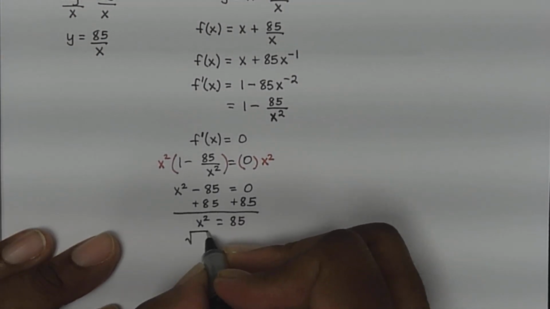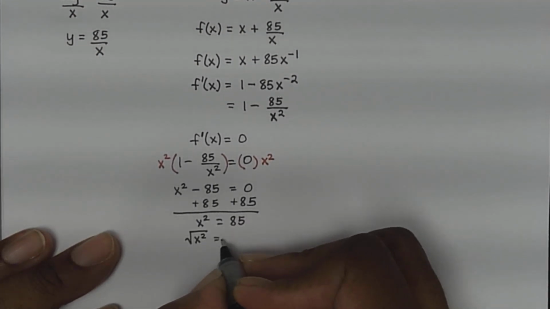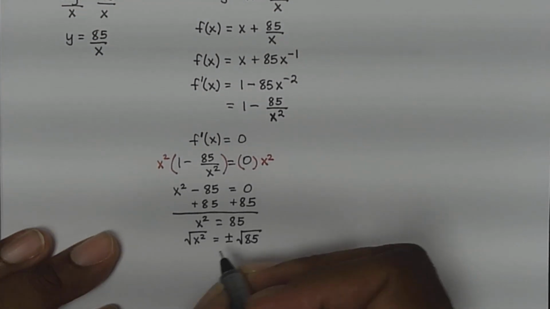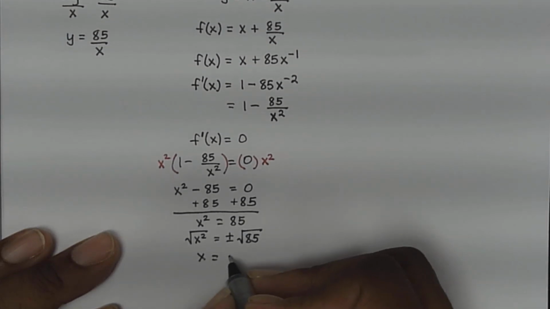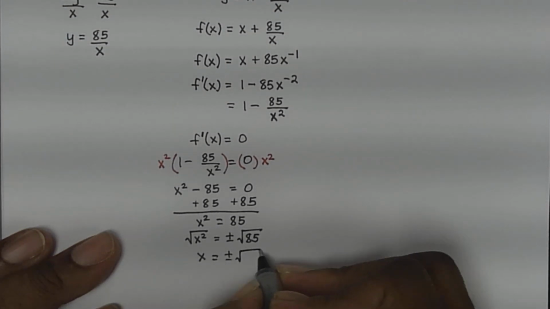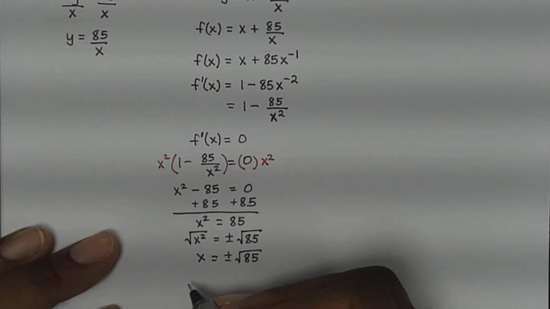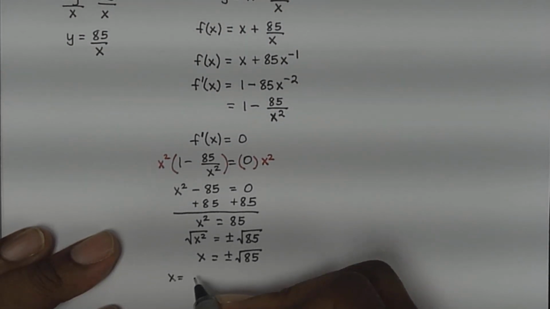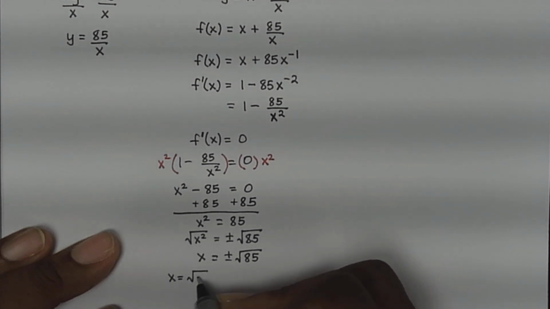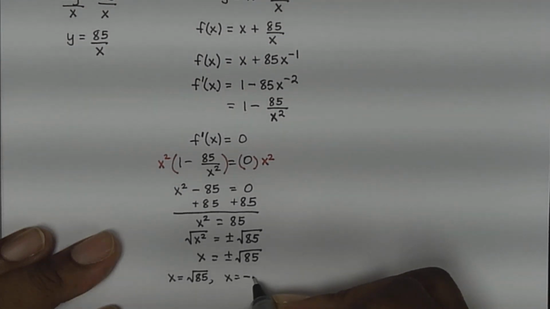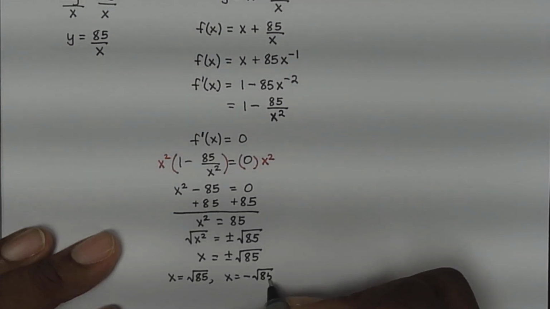And then to solve for x, I have to take the square root on both sides, and I must include the plus or minus symbol. So x will be plus or minus, and I'll leave that as the square root of 85. So that means I have two possible solutions: x is equal to the square root of 85, and x is equal to negative square root of 85.